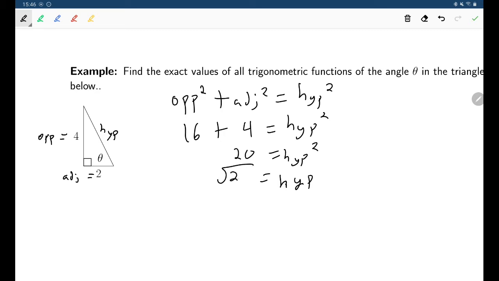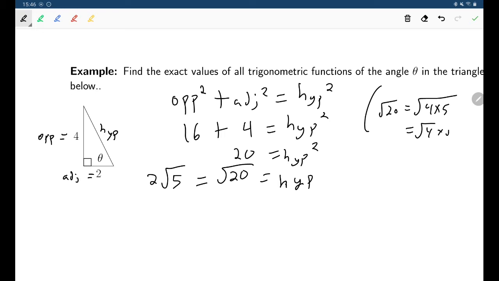Now, of course, remember, as always, anything involving roots needs to be put in simplest terms, and root of 20 in simplest terms is 2 root 5. And that's, of course, because root of 20 is the same thing as root of 4 times 5, or root of 4 times root of 5, which is 2 times root of 5.